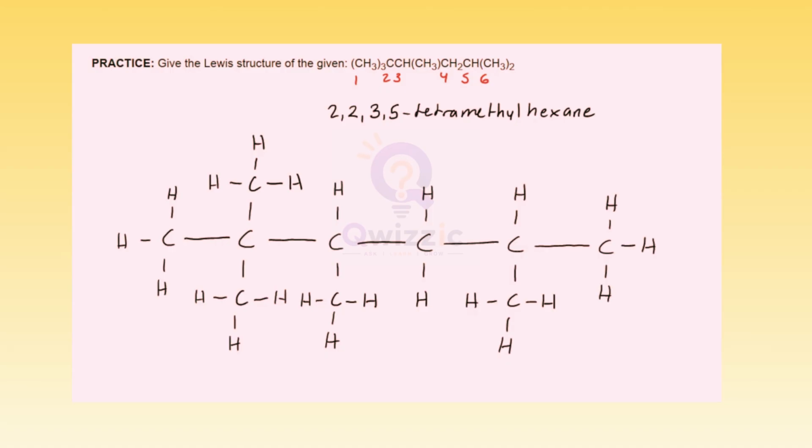So now that all bonds have been added, lone pairs of electrons and formal charges are located and calculated if necessary. But recall that hydrogen can only share 1 electron, which means that it can only create 1 covalent bond.